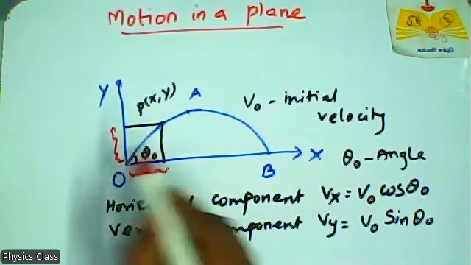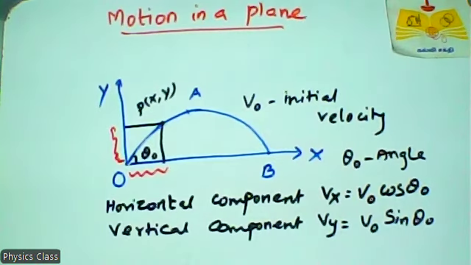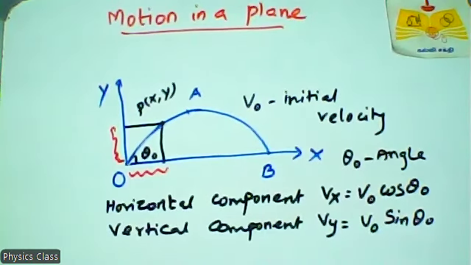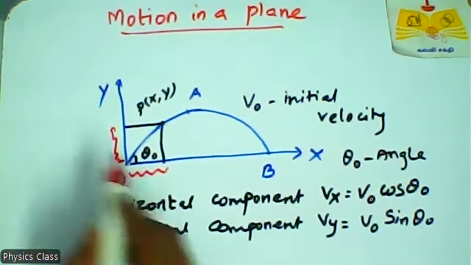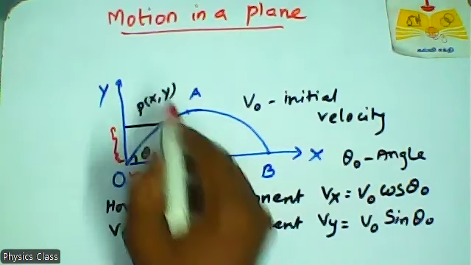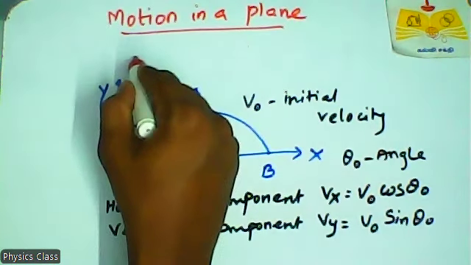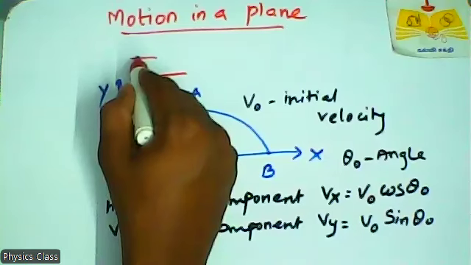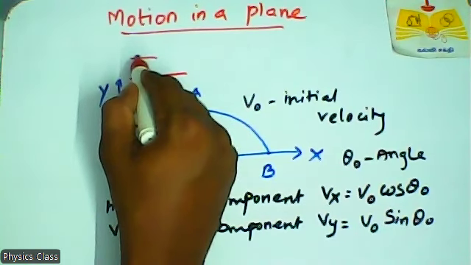Because already we know in motion in a plane, suppose this is a tower, this is ground, the object is thrown from this place.